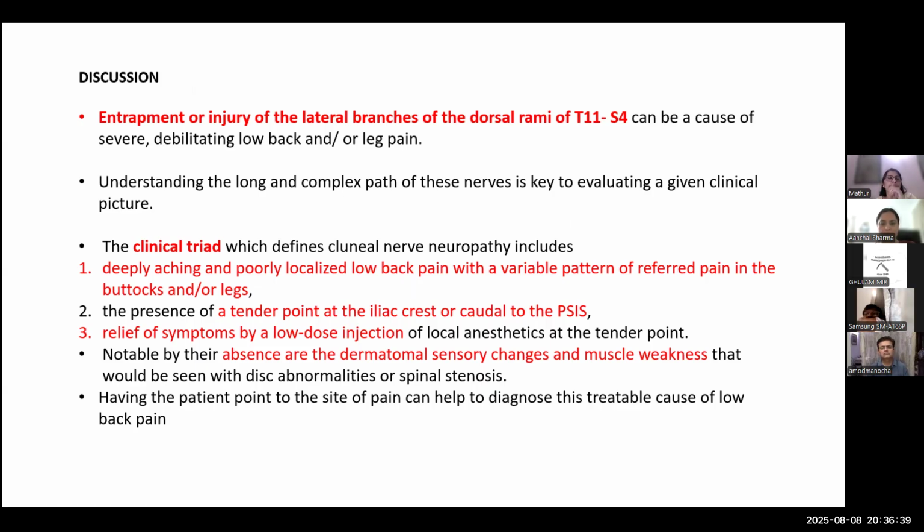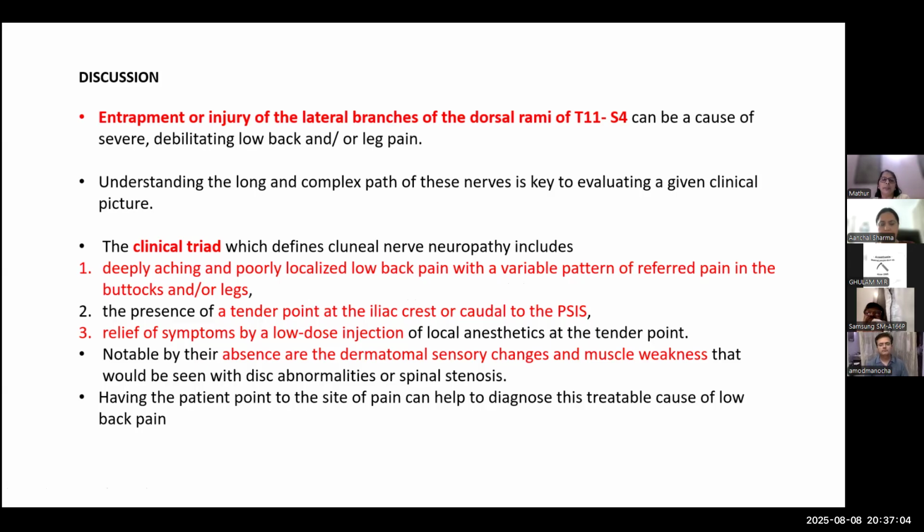The clinical triad, which defines cluneal nerve neuropathy, includes a deeply aching and poorly localized low back pain with a variable pattern of referred pain to the buttocks and or the legs. The presence of a tender point at the iliac crest or caudal to the posterior superior iliac spine can be felt.